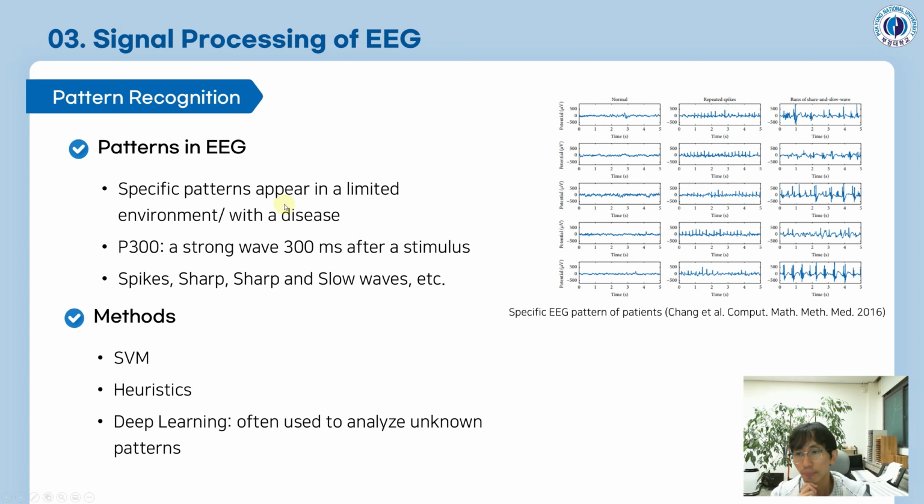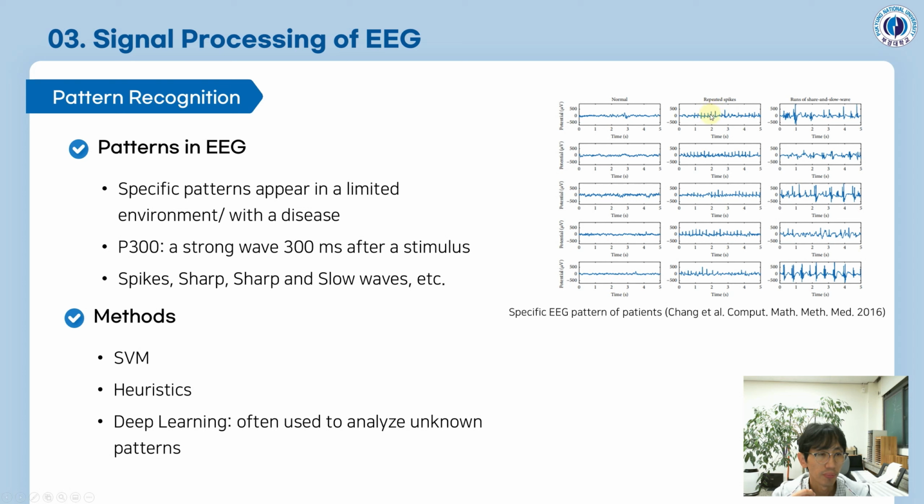This is from my paper, trying to recognize some patterns from epilepsy patients. When you have epilepsy in your brain, then you have some specific strange patterns in your brain, like a sharp. You see there are some sharp.